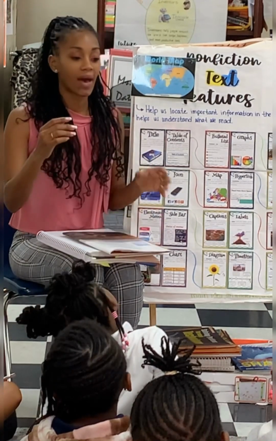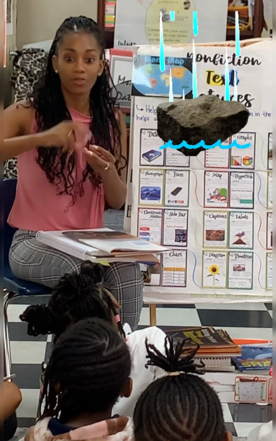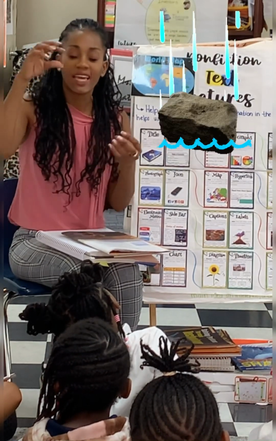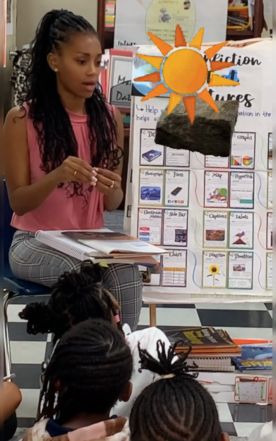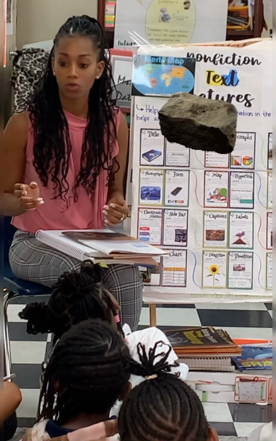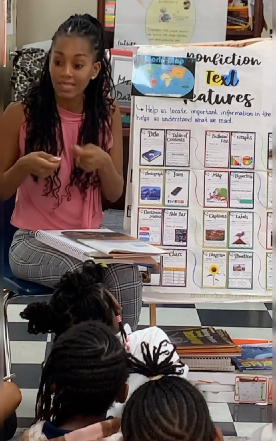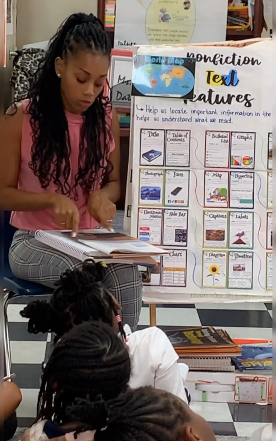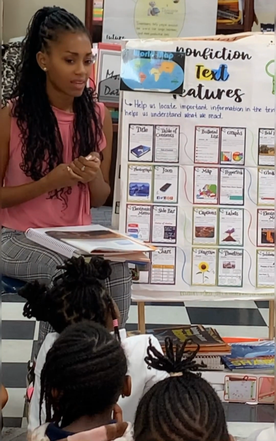So think about having a solid rock and then water constantly dripping over this rock over 5 million years. It eats away at the rock. Then you have the sun beating down. Then you have the wind constantly going back and forth over it. It starts chipping away at the rock. And once it does that, it makes a beautiful sculpture that you see here in this picture. Okay?